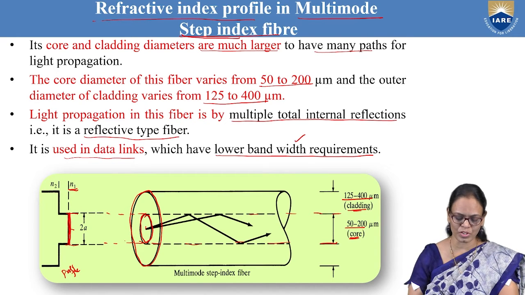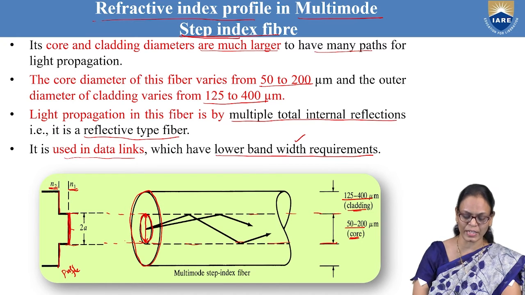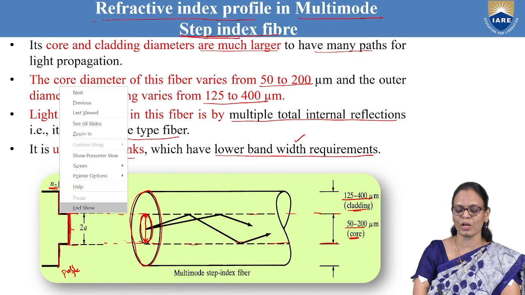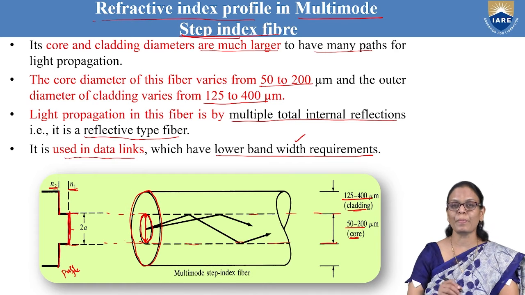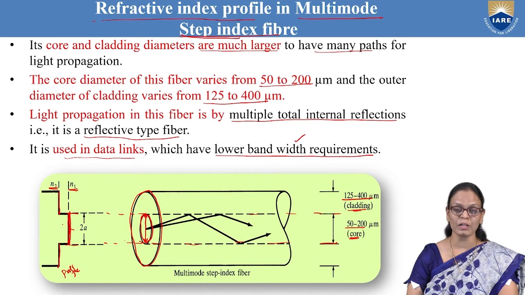Throughout the diameter, it is the same. Now this is the refractive index of the cladding, given by N2. When you see here, there is a sudden change in refractive index from N1 to N2. That is what we understand in step index fiber. So even in multi-mode, there is a step change in the refractive index between the core and the cladding.